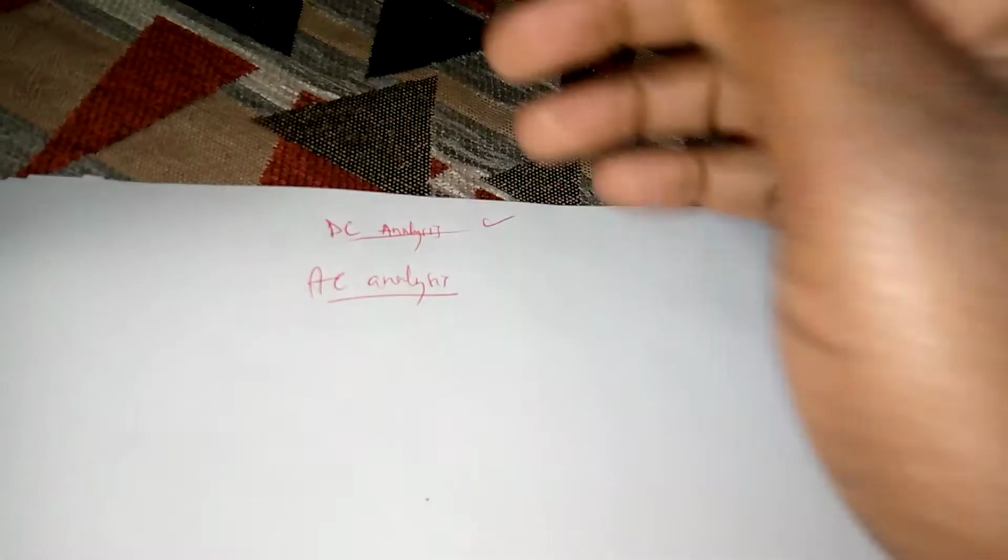In terms of AC analysis, by the way, in the DC analysis the caps behave like open circuits, which means the RS part and the VS will be cut out in the analysis.